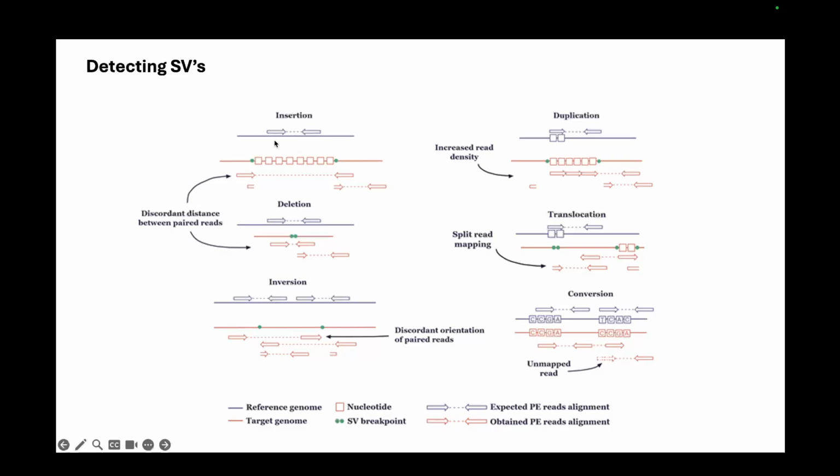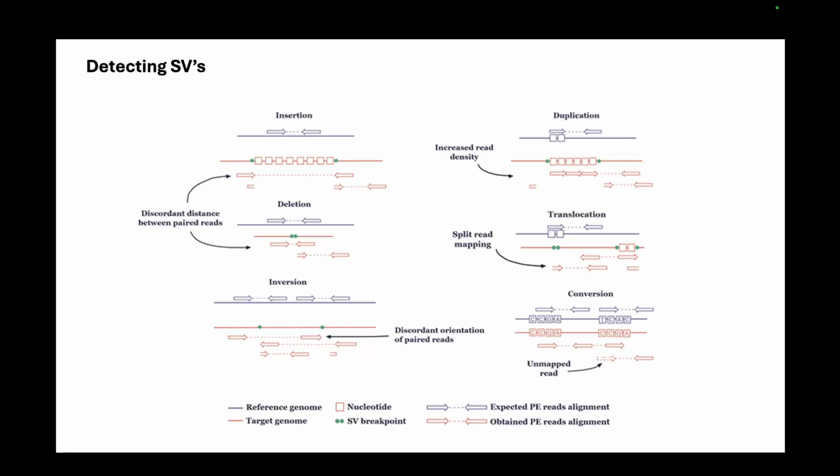As I was saying, detecting SVs depends on the approach. Say you are trying to detect SVs using paired-end sequencing, for example Illumina. If there is an insertion here, this is your sample, and in your sample you have these two opposing reads that have been generated.